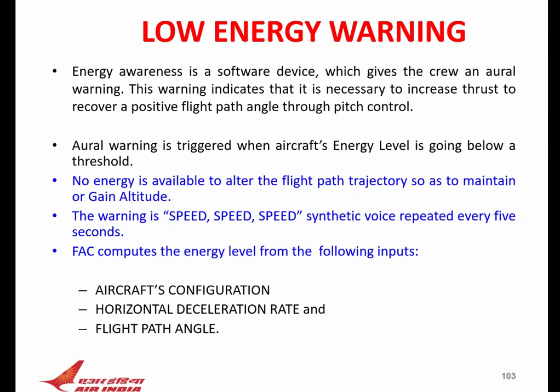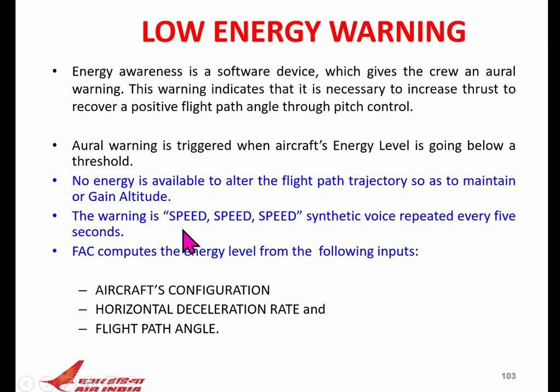What's happening in the low energy warning? The aircraft is sinking. The aircraft is not able to gain altitude after takeoff. Positive flight path angle through the pitch control. The aural warning is triggered when the aircraft energy level is going below a threshold. No energy is available to alter the flight path trajectory, so to maintain or gain altitude.